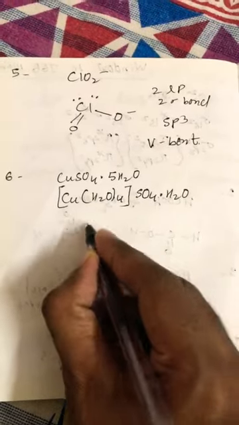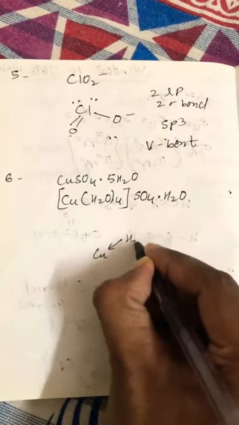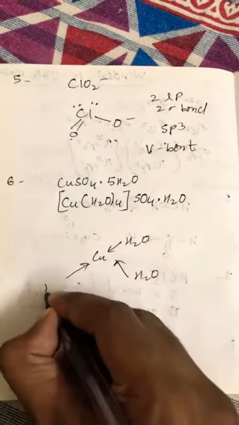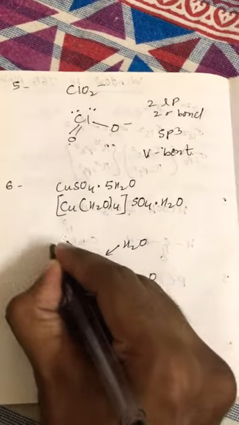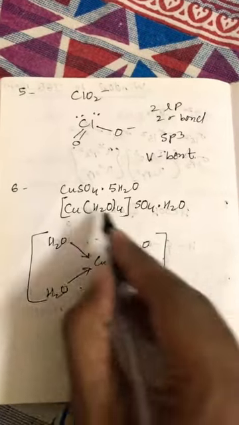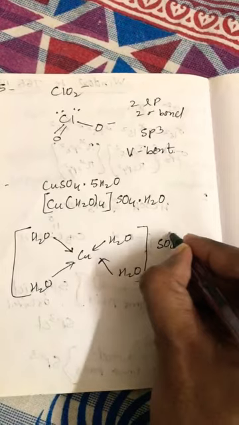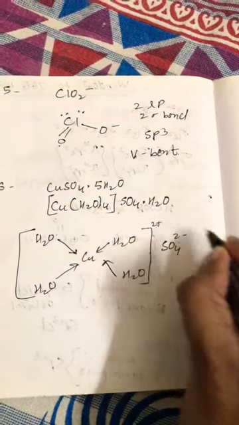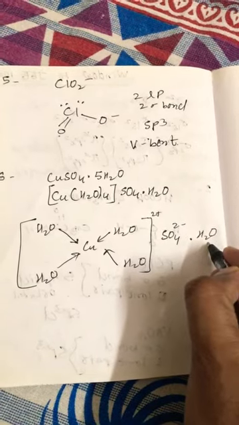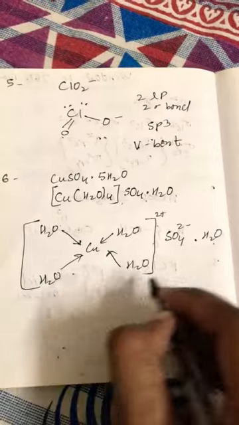Now in this bracket part we have coordinate bond, and between this and this we have ionic bond, and this H2O will also form hydrogen bond with these.